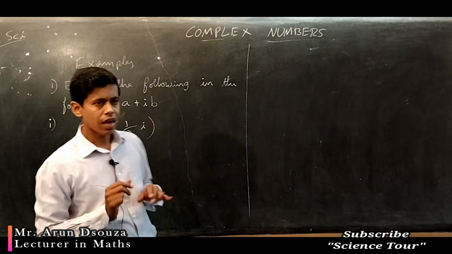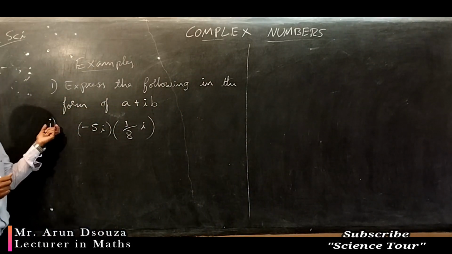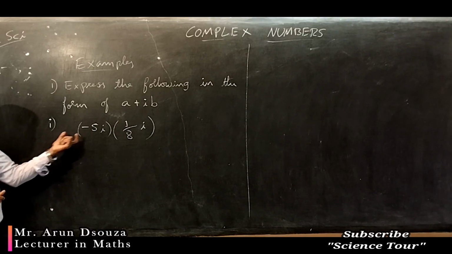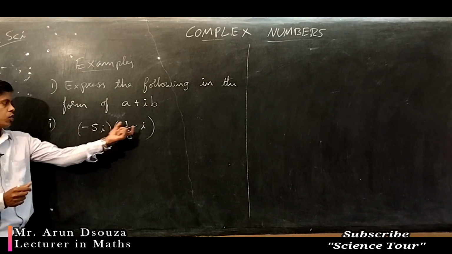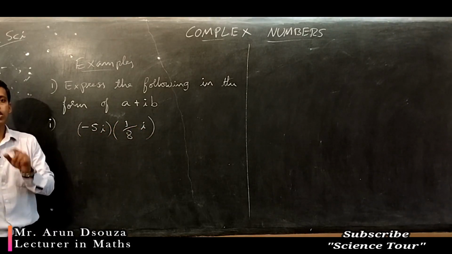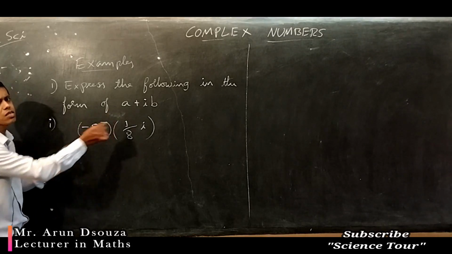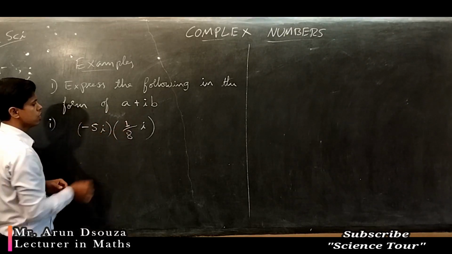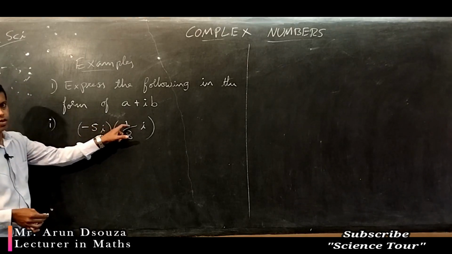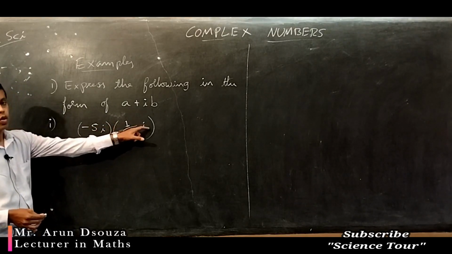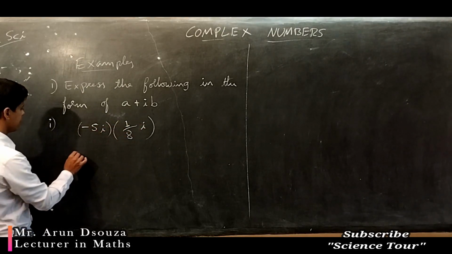So you have the first question coming to you, that is minus 5i into 1 by 8i. What you must do, this is multiplication, so just multiply, that's it. Minus 5i into 1 by 8i, how much is that?